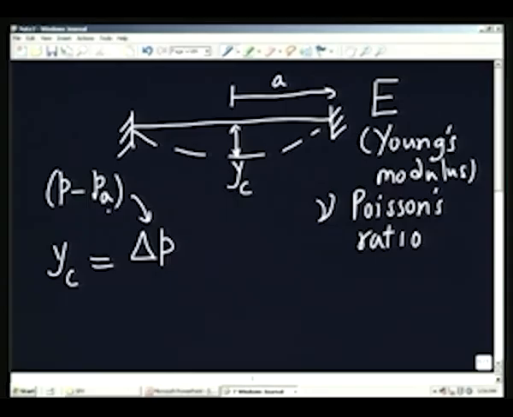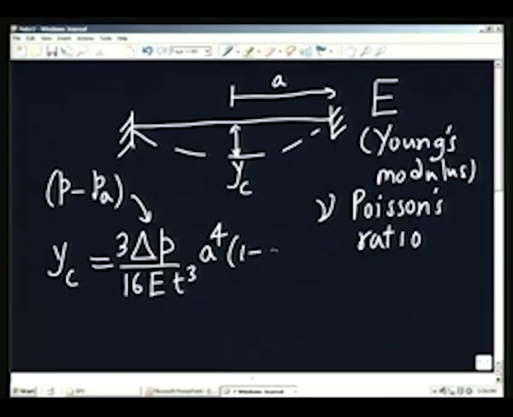P_A is the atmospheric pressure, P is the pressure which is being measured, and P minus P_A is delta P. Multiplied by 3 times delta P divided by 16 times the Young's modulus times the cube of the thickness t, multiplied by the 4th power of the radius a, multiplied by 1 minus the square of the Poisson's ratio.